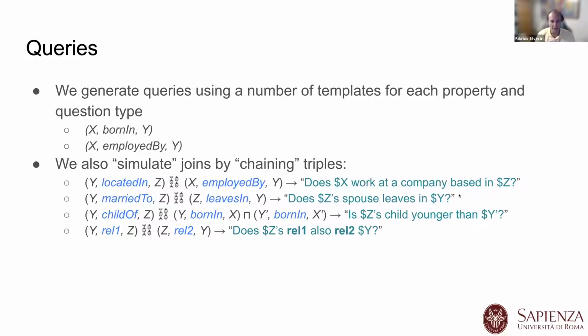So this is the main idea. And of course, you can generate things such as, is the child younger than Y? So all that kind of complicated combinations of things. And once you define these templates, you can automatically generate those queries.